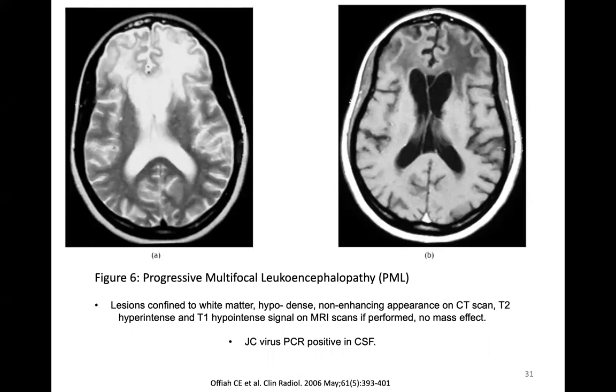Great. Colleagues, lesions confined to the white matter. You get a hypodense, non-enhancing appearance on the MRI scans, and there's no mass effect, which is quite important. The giveaway really is if you do a PCR on your CSF and it comes back and says JC virus.